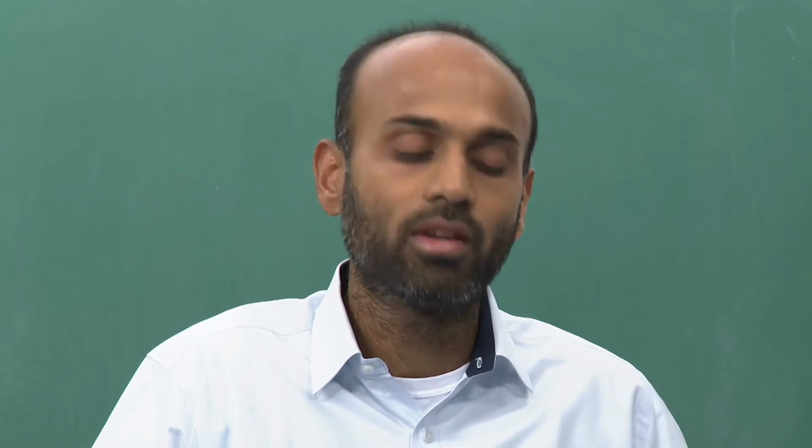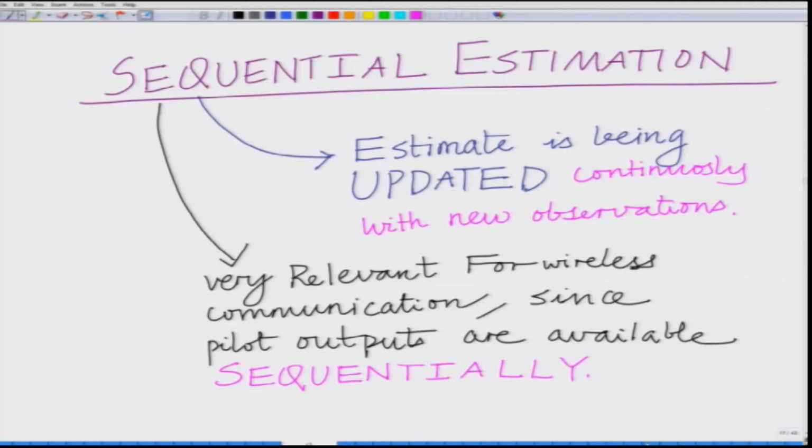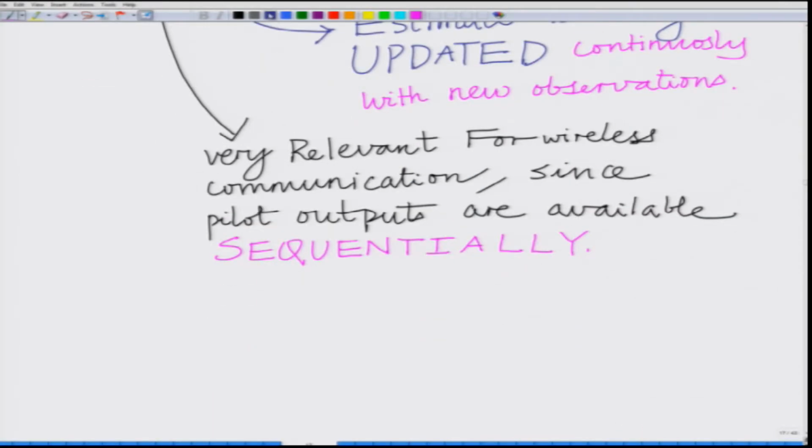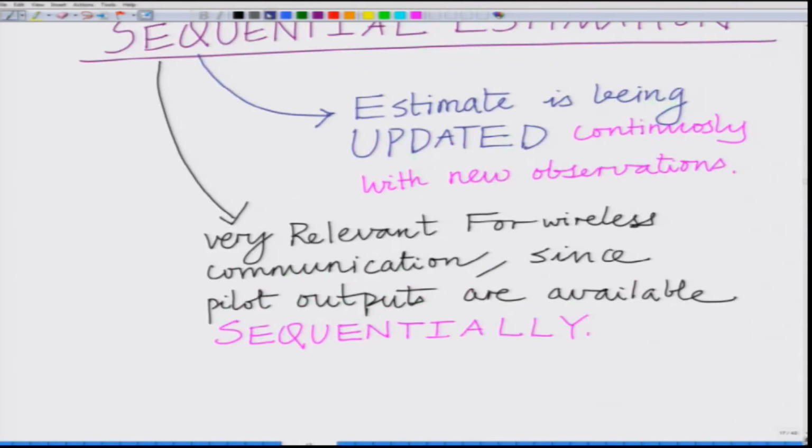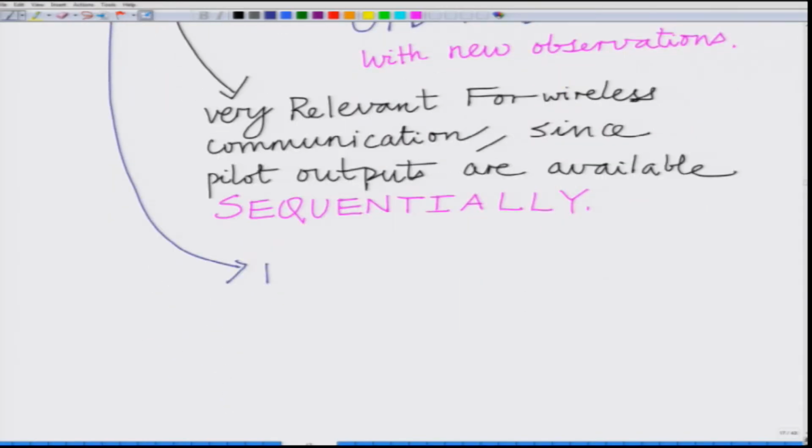So one need not recompute the entire estimate; rather, one can simply update the previous estimate, and that is really the key word here. Instead of recomputing the estimate at every time instant, one can simply update the estimate from the previous time instant. So let us summarize: what is sequential estimation about? Instead of recomputing the estimate, simply update the estimate from the previous time instant.